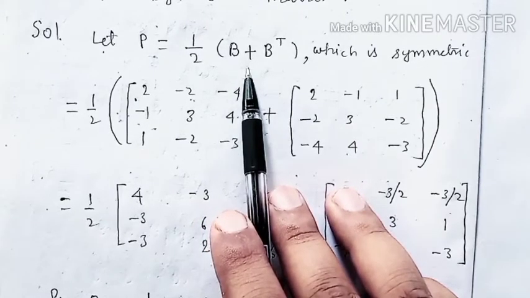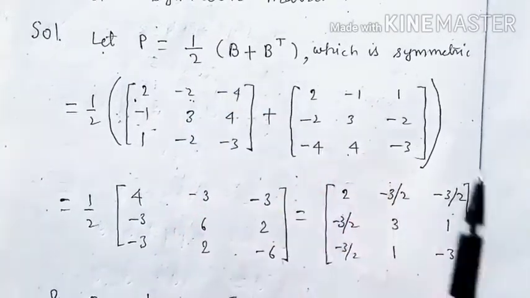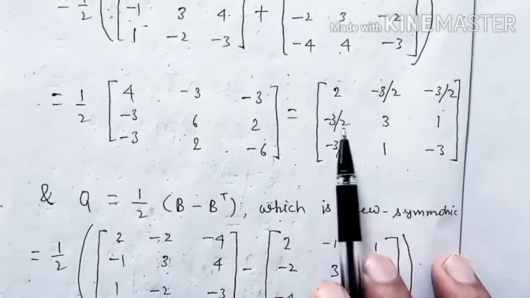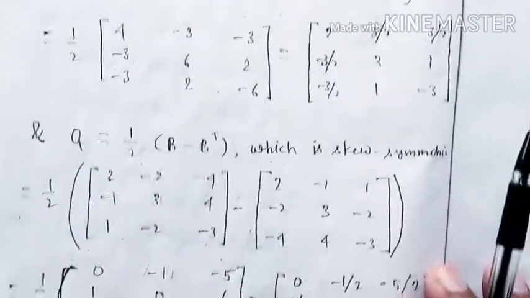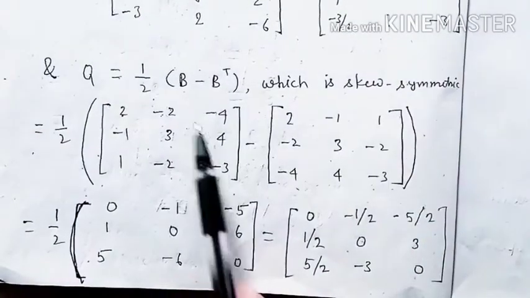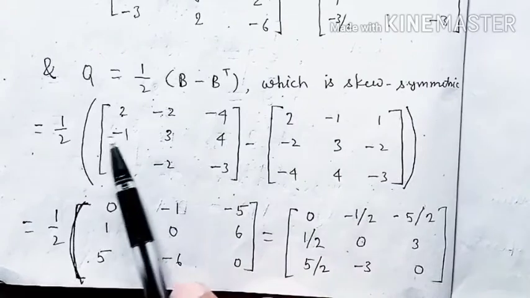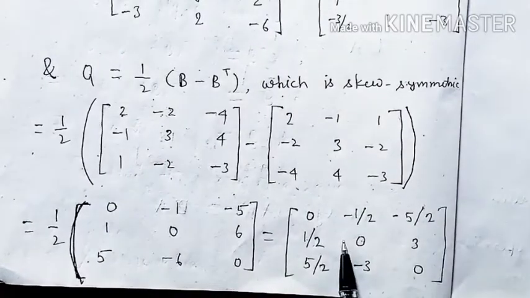Now we find the matrix P. This was 2, minus 3 by 2, minus 3 by 2; minus 3 by 2, 3, 1; minus 3 by 2, 1, minus 3. And we find Q, because we know that this one is a skew symmetric matrix. So we put the values. This one is our skew symmetric matrix.